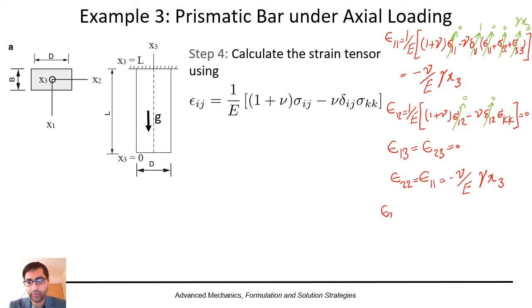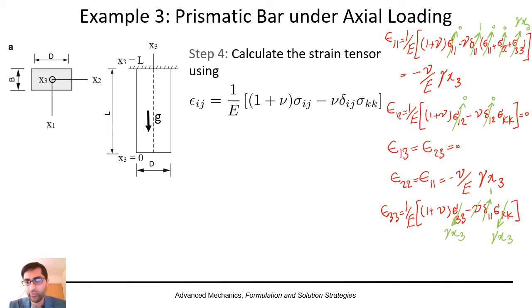And for epsilon 3,3, we have 1 over E multiplied by 1 plus nu, sigma 3,3 minus nu delta 1,1 sigma kk, the trace. Sigma 3,3 is gamma x3, delta 1,1 is 1, and sigma kk, the trace, is again gamma x3.